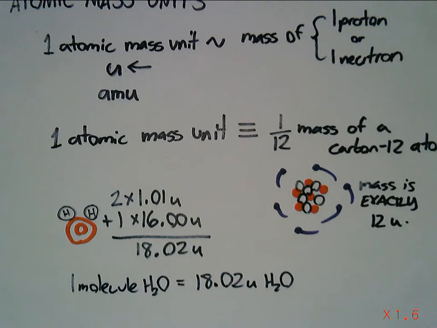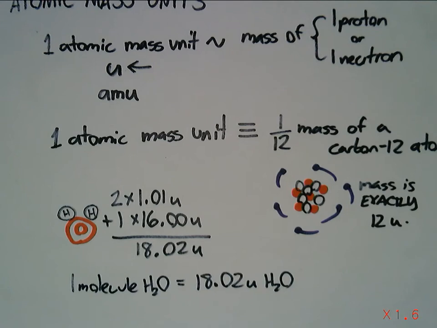Now let's do a little problem with this conversion factor. Let's suppose that we want to figure out how many atomic mass units I've got in a drop of rain.